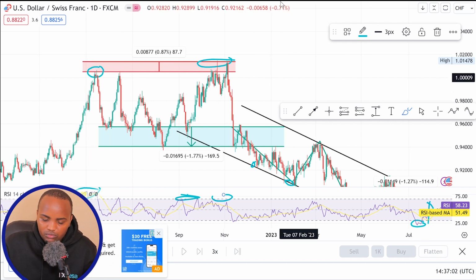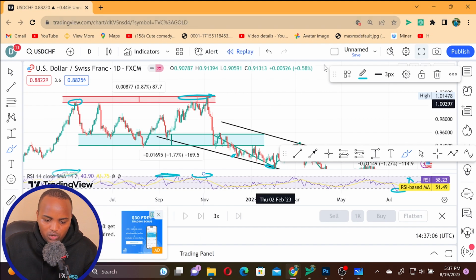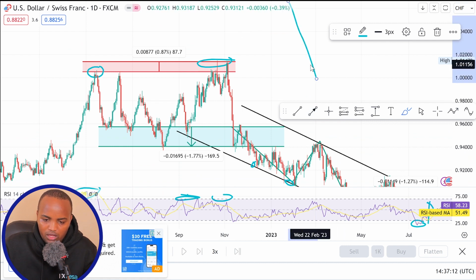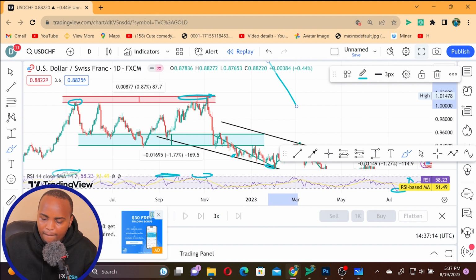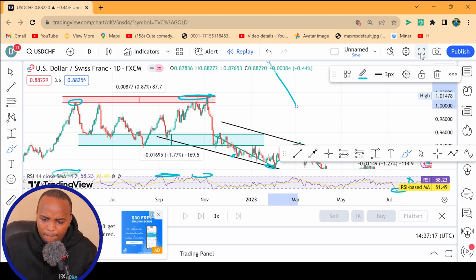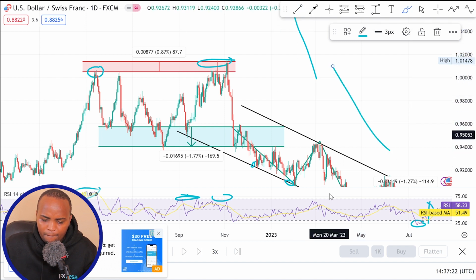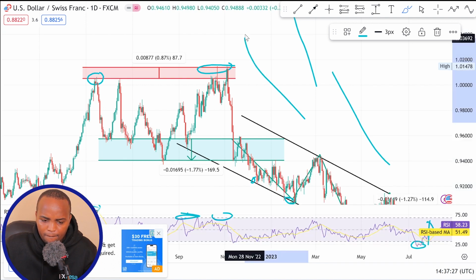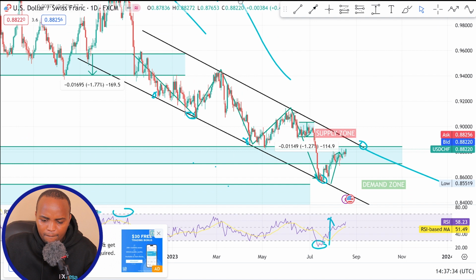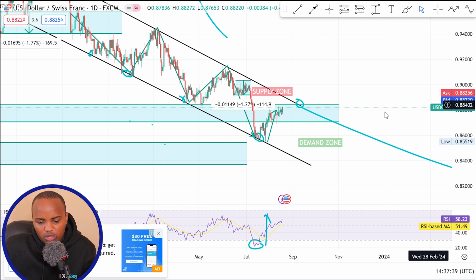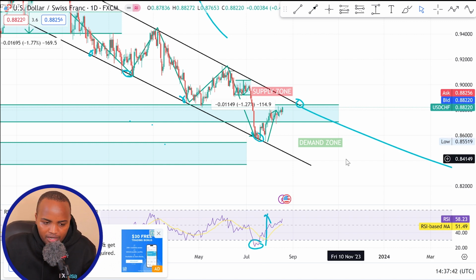So let's talk about something else, what we call the demand zone. How do you really combine it? Assume now there is a demand in the market.